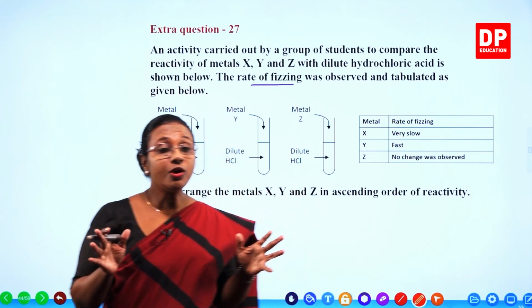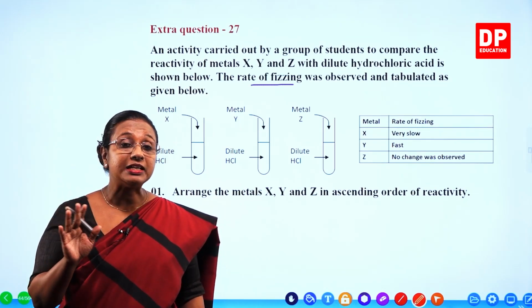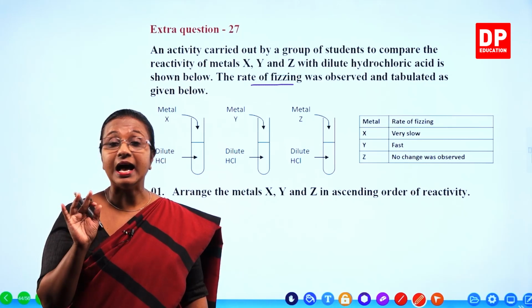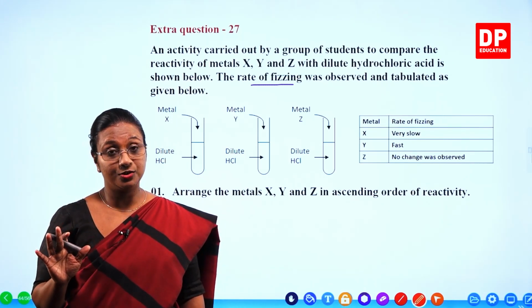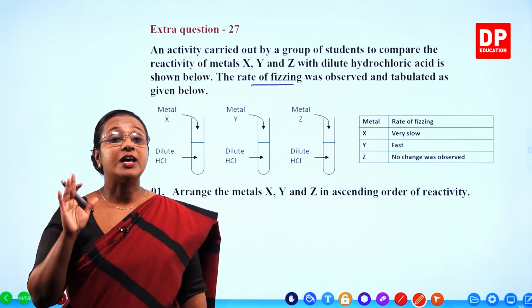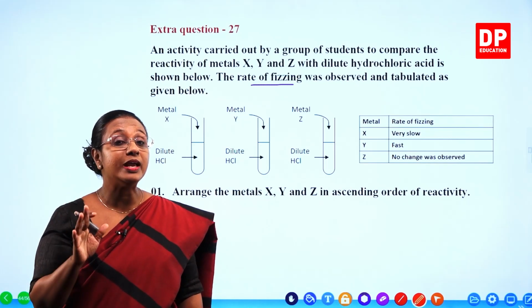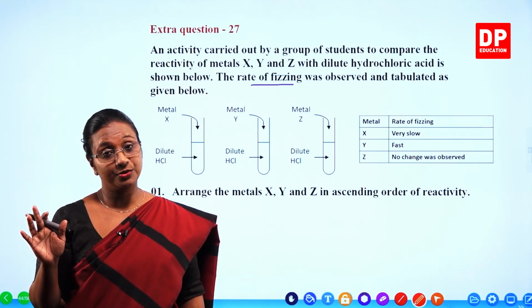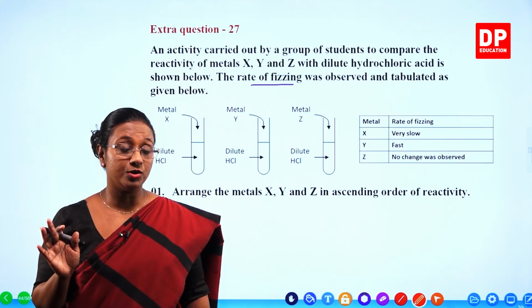Now try to recall the reactions that we discussed. When you take the metals magnesium, zinc, aluminium, they react fast with dilute hydrochloric acid. Whereas if you take iron, iron reacts very slowly with dilute hydrochloric acid. You were able to see that when we did the activity in the lab also.